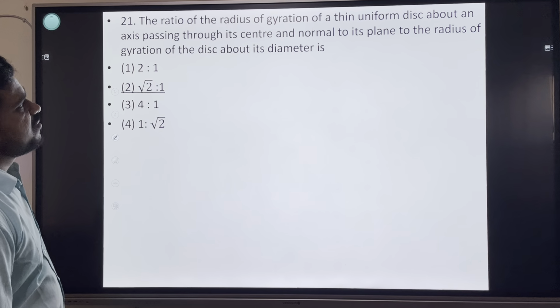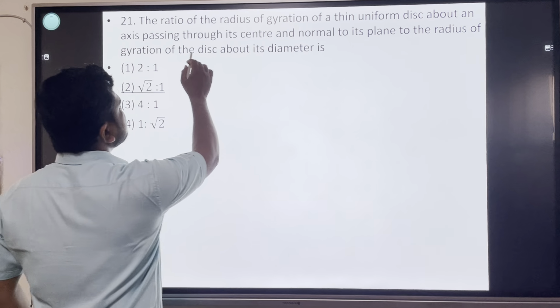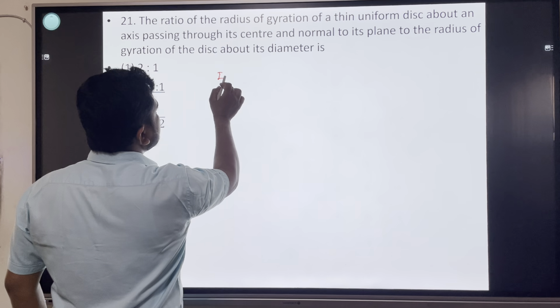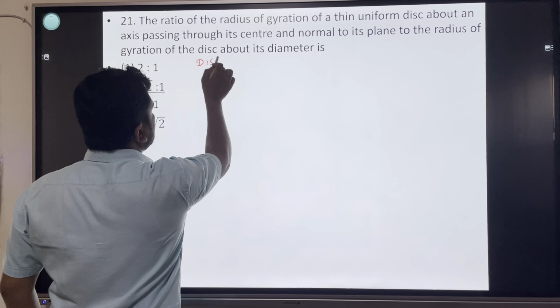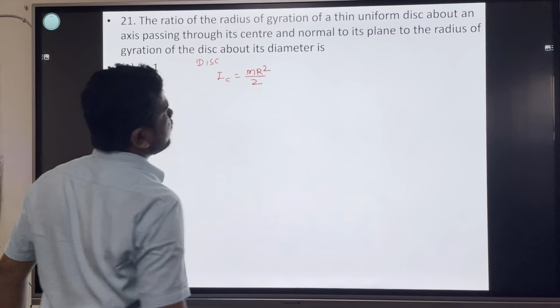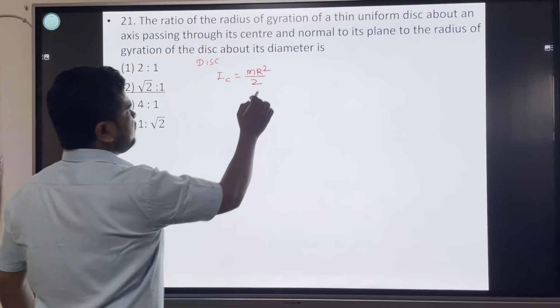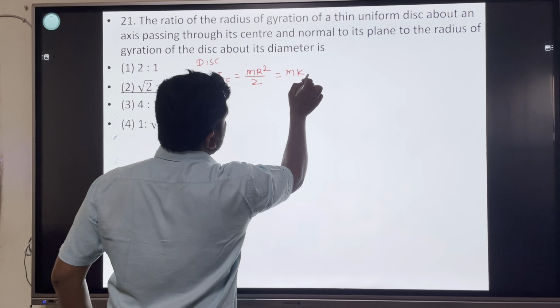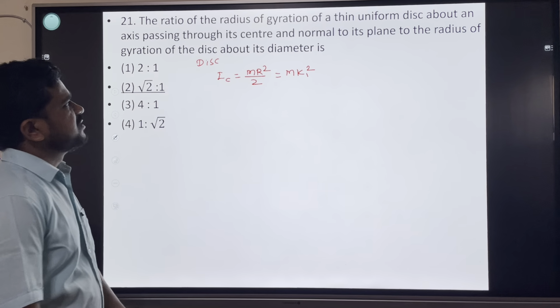Ratio of the radius of gyration of thin uniform disk about an axis passing through its center. Disk का formula IC is equals to mr square divided by 2 is equal to m k1 square, radius of gyration about this axis.